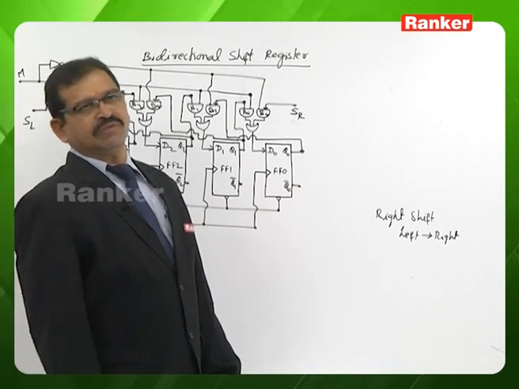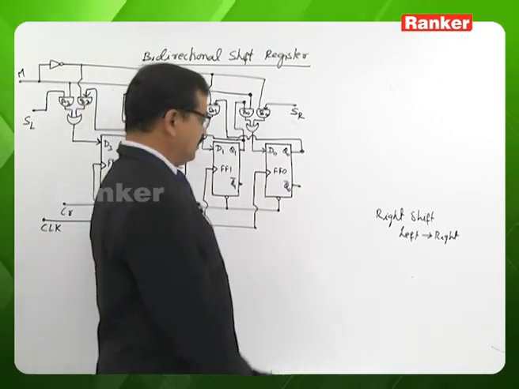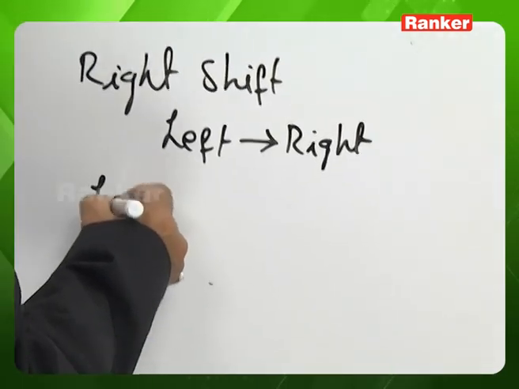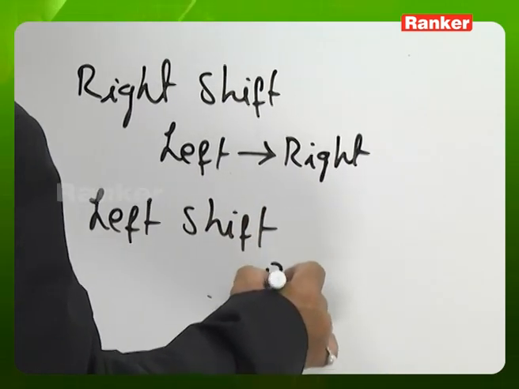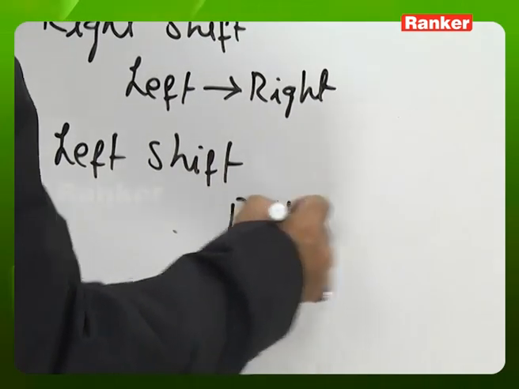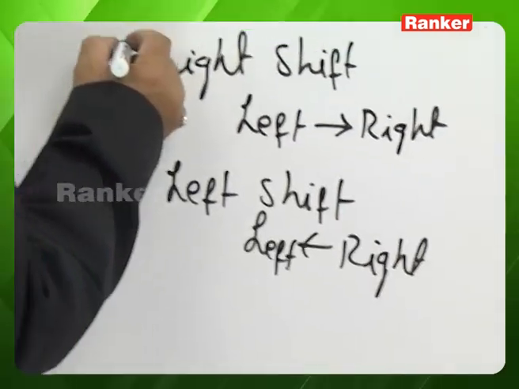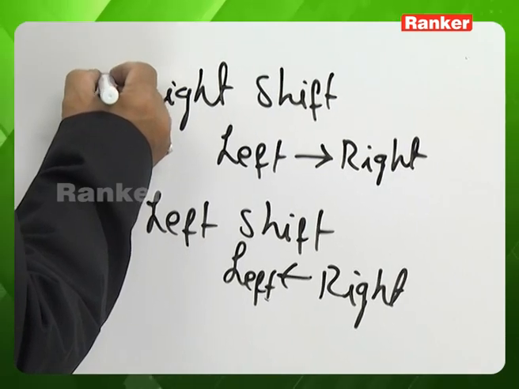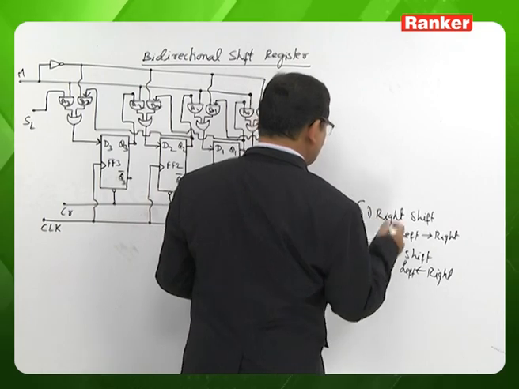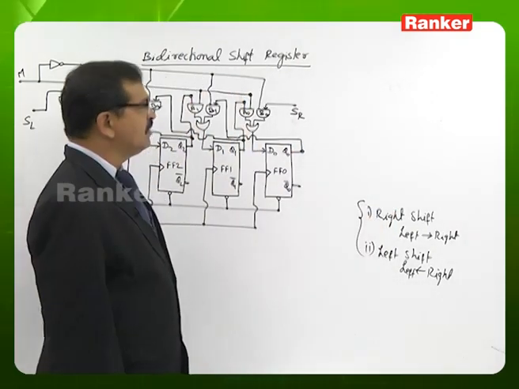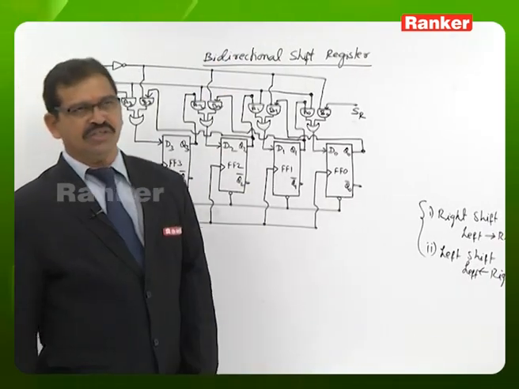As I said in the introduction, it is possible to shift the data to the right as well as to the left. If we want a left shift operation in the register, then data must shift from right to left. If the given register has both right shift and left shift operation, then that register is named a bidirectional shift register.